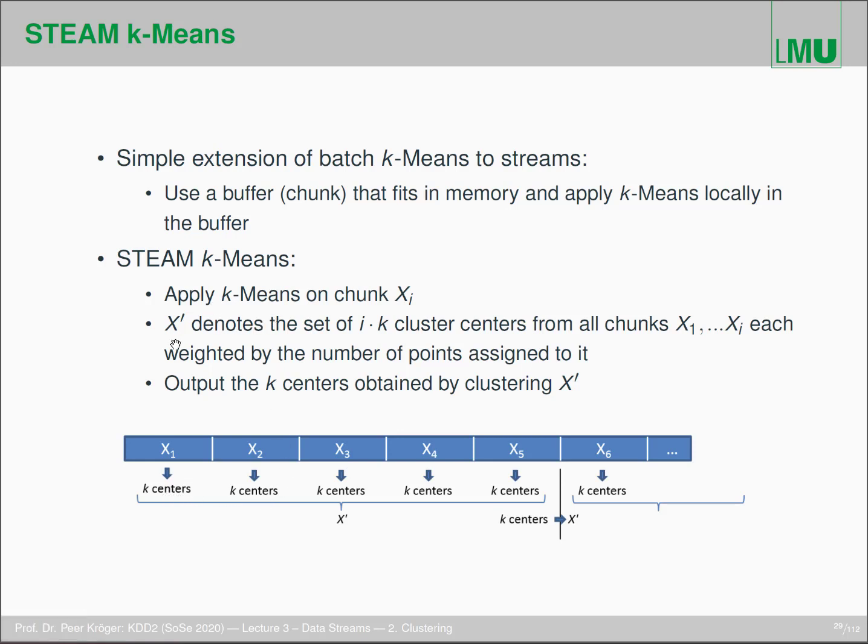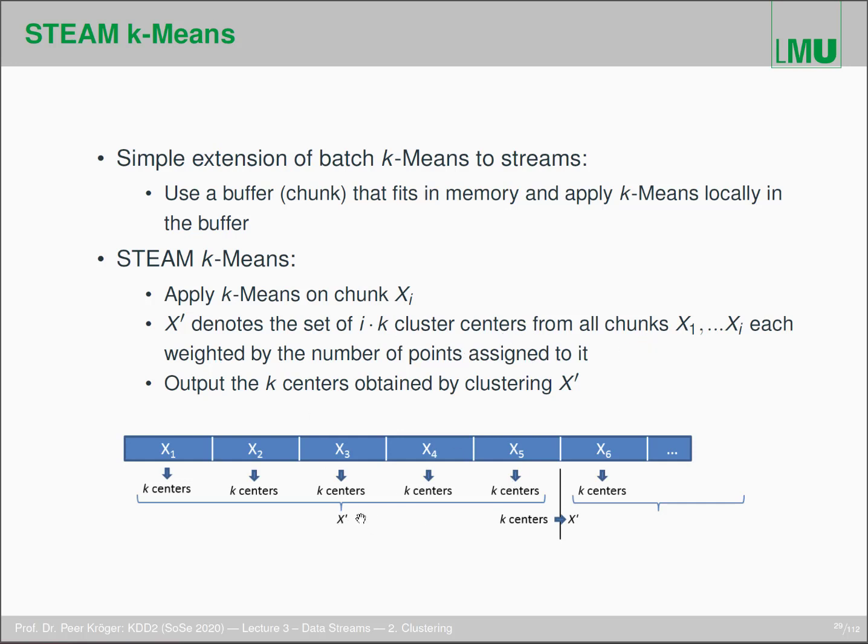X prime here is the set of all the k cluster centers obtained from the I chunks. So we do that I times, in that case 5 times. So X prime contains 5 times k cluster centers: k cluster centers from the first chunk, k cluster centers from the second chunk, and so on, and k cluster centers from the ith chunk.